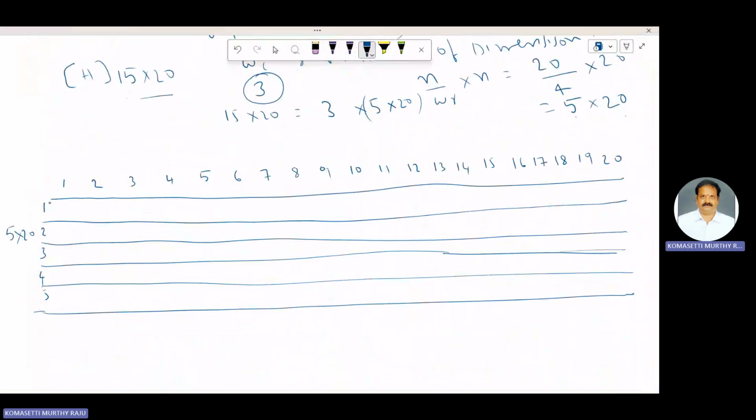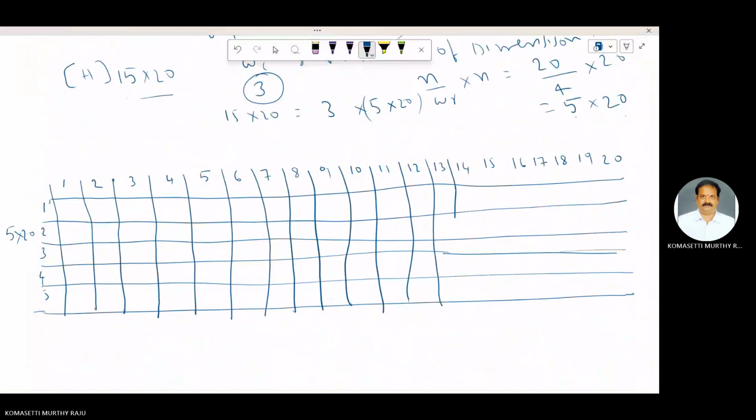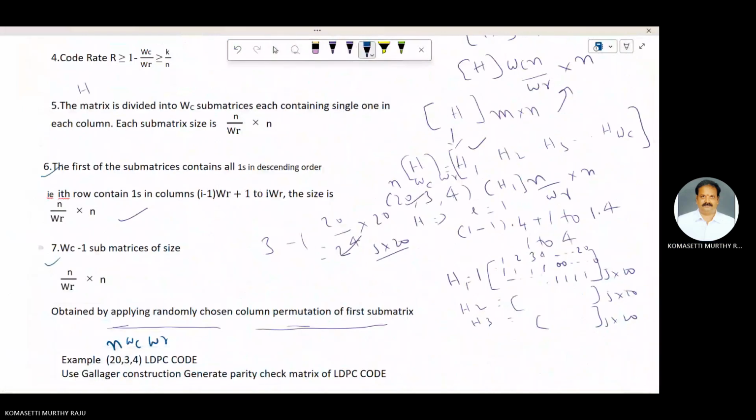This is the first submatrix. The rules for the first submatrix: we use this one.